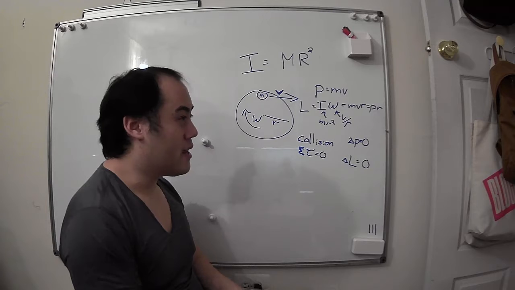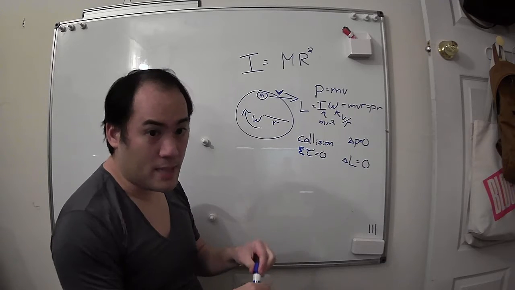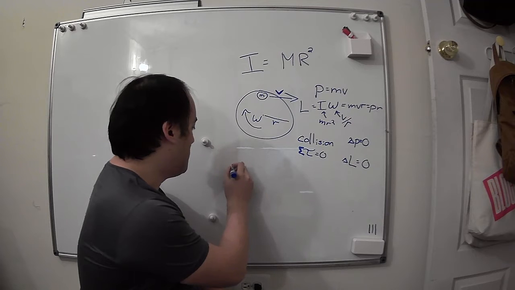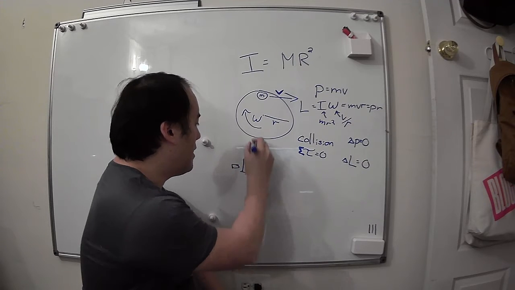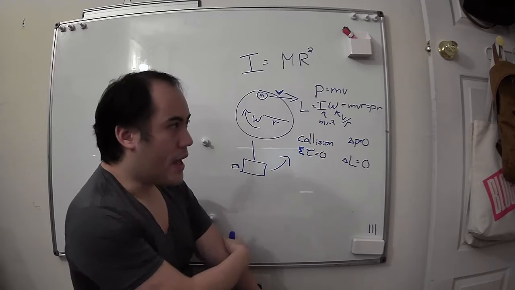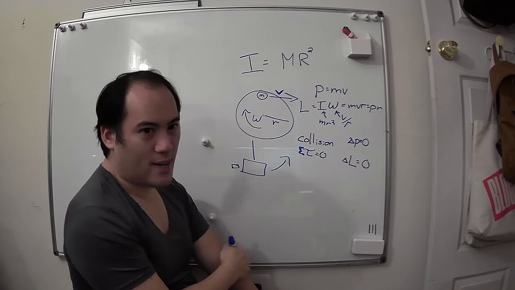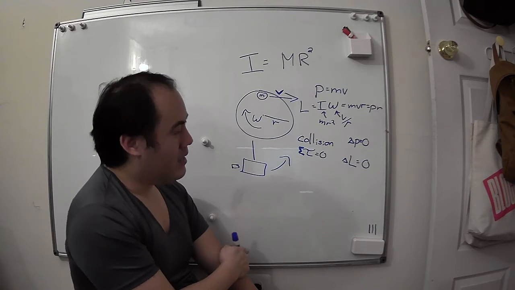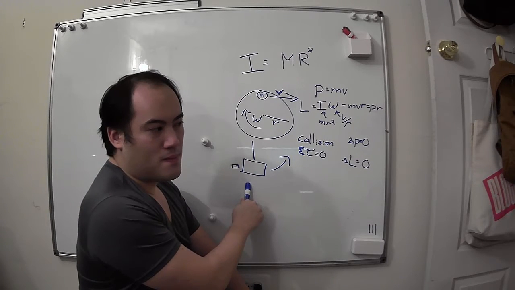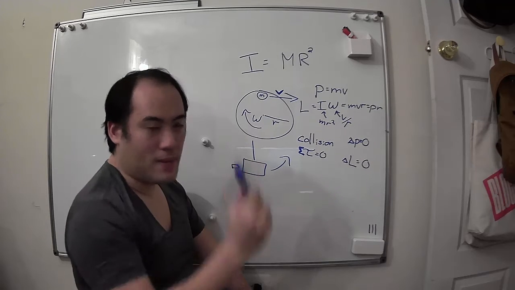A lot of you guys are probably thinking of the ballistic pendulum, where the bullet hits the block, and then they kind of swing upward together. And it's like, oh, angular momentum. Yeah, but you can't really use this to solve this problem. If you have an idea why, tell me now.